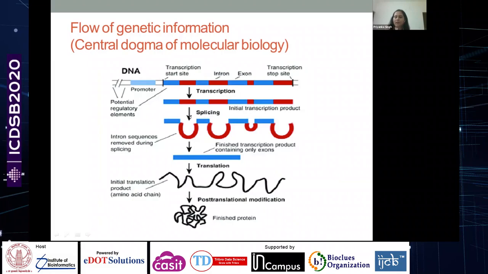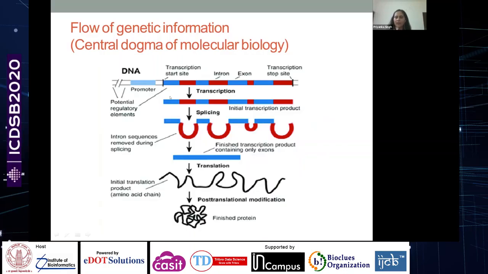There is an intermediate molecule called mRNA or messenger RNA, which is a mediator: whatever information is present in the DNA is translated and a protein is formed. This is the central dogma of molecular biology that we know now.